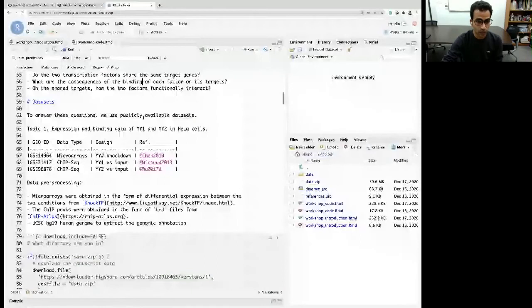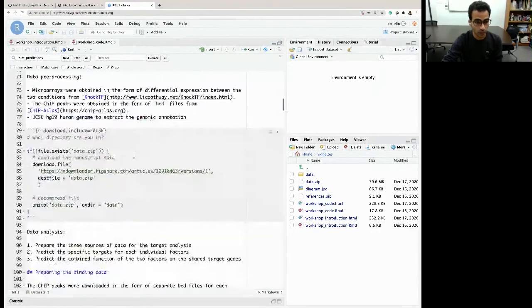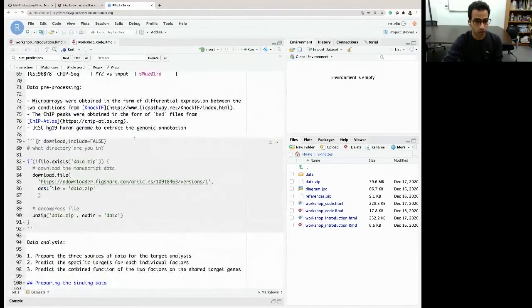The data sets I'm using here are publicly available: two ChIP-seq data sets from the HeLa cell line for the individual factors, and then gene expression data of the knockdown of each factor separately in the same cell line. The data processing was done outside this workflow by those two databases.